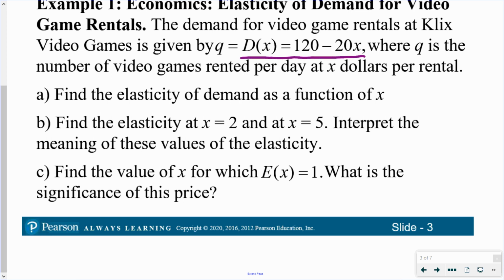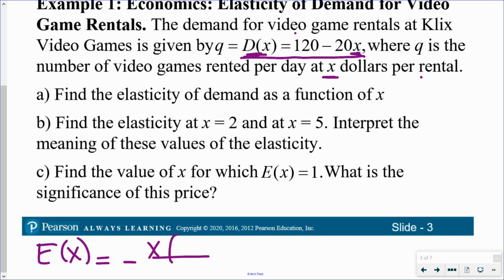Here's our demand function. Our quantity demanded is what we get when we plug a number in here. X is the dollars per rental. So E of x, remember we have a negative here. This time our input variable is x, so x goes here.